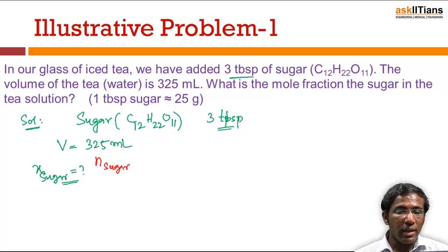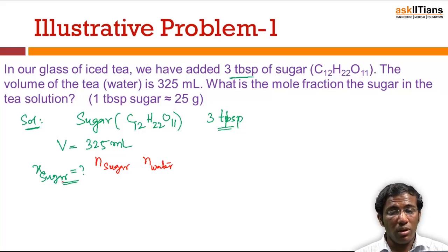For that, you also need to know the number of moles of water, that is the solvent. If you know these two things, you can calculate the mole fraction of sugar. So think about how we can calculate both.